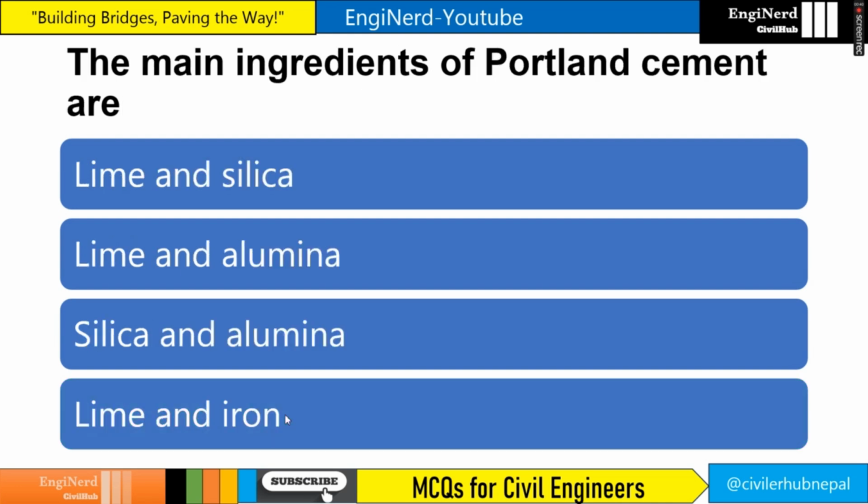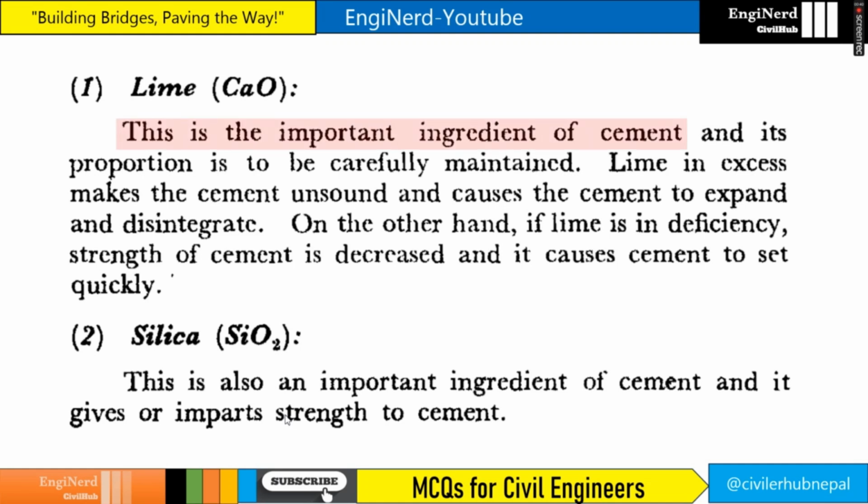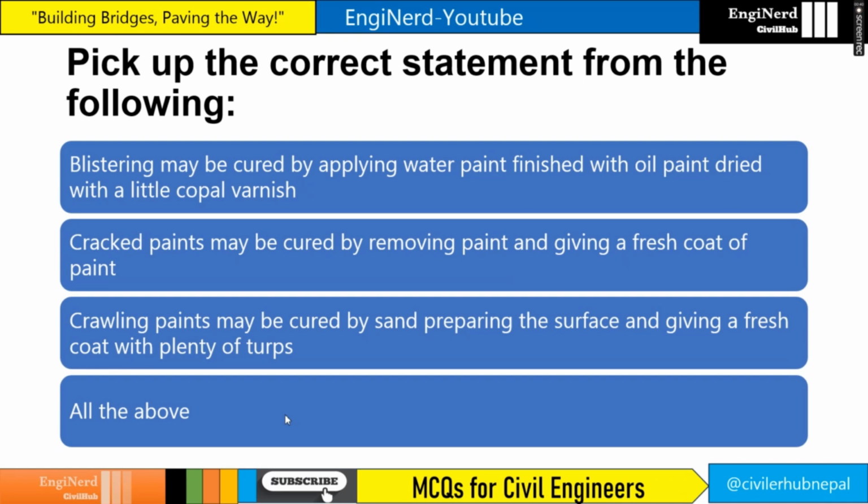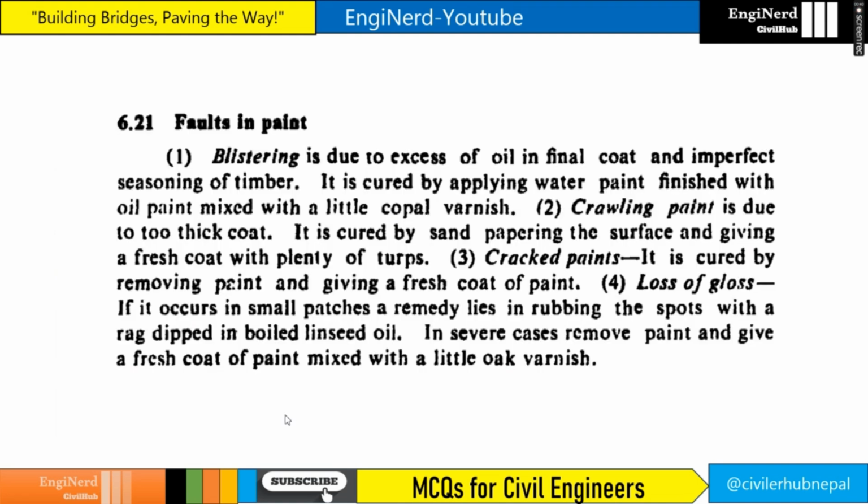The main ingredients of Portland cement are, if you see here, lime and silica. Pick up the correct statement from the following. Blistering may be cured by applying water paint finished with oil paint mixed with a little copal varnish. Crack paints may be cured by removing paint and giving a fresh coat of paint. Crawling paints may be cured by sand, preparing the surface and giving a fresh coat with plenty of turps, and all of the above.